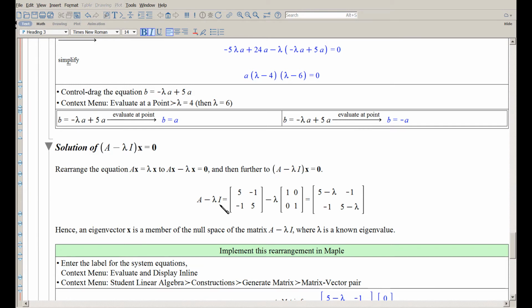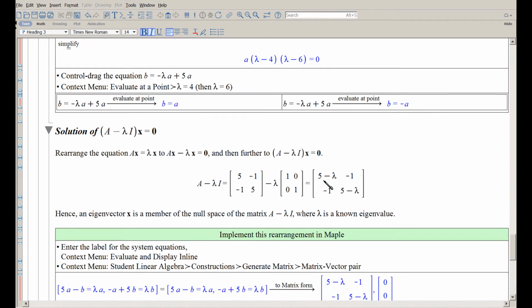A minus lambda I, there's your A, there's the lambda, there's the I, and lambda will multiply this one here, and lambda will multiply this one here, and so you will subtract lambda from the diagonal elements. And this then represents homogeneous equations.